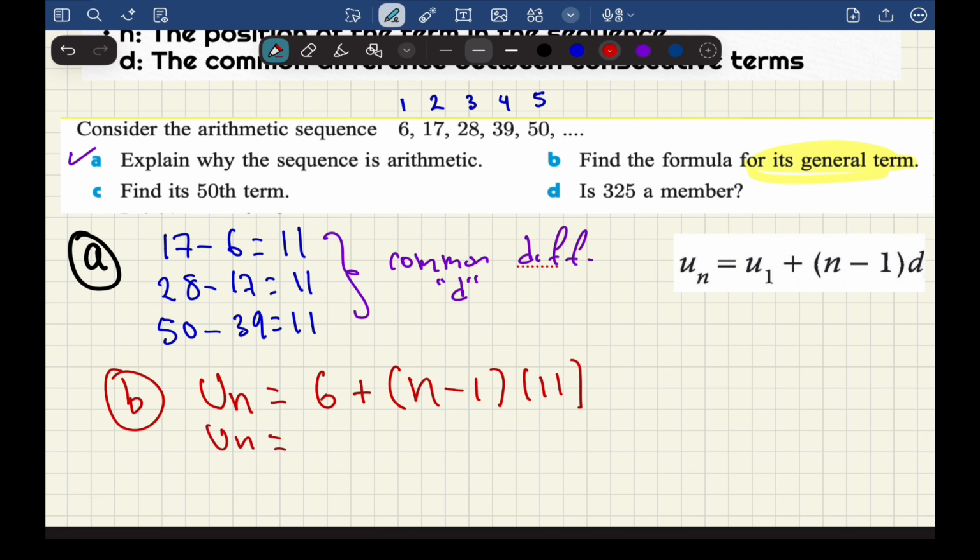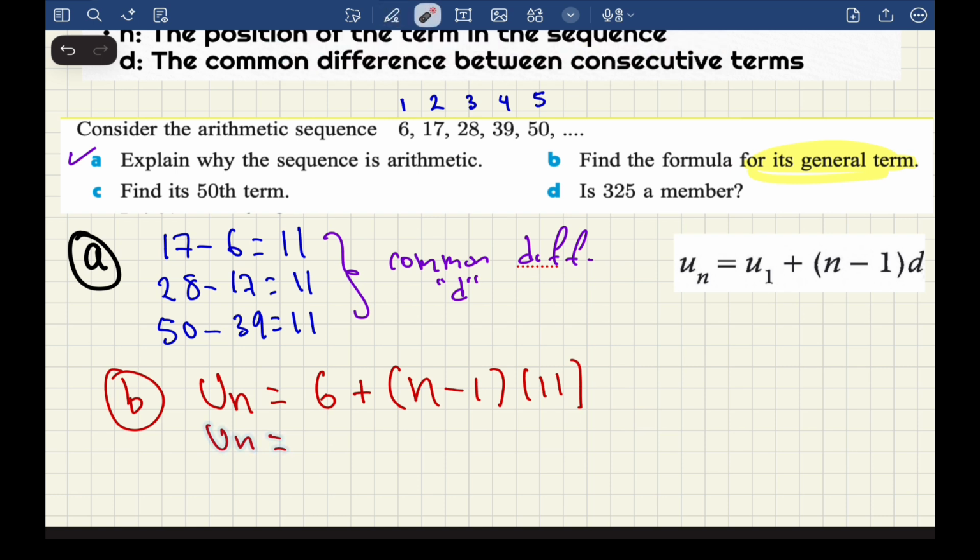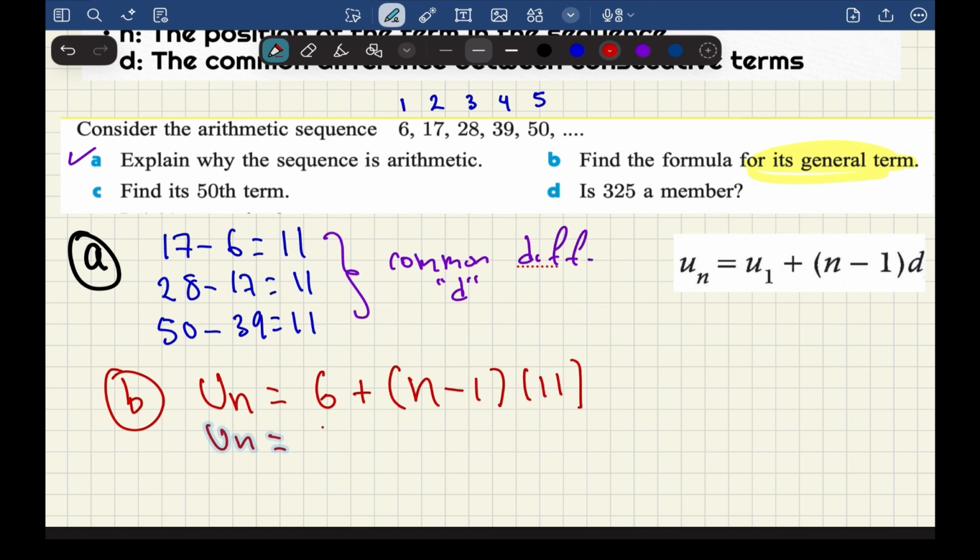In order to find the specific formula for this situation, what we are going to do is algebra. We can simplify this. We can have 6 plus, we can multiply n times 11. This would be 11n, then minus 1 times 11. This is minus 11.